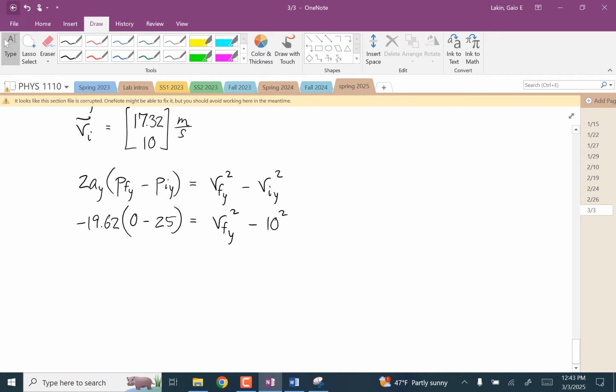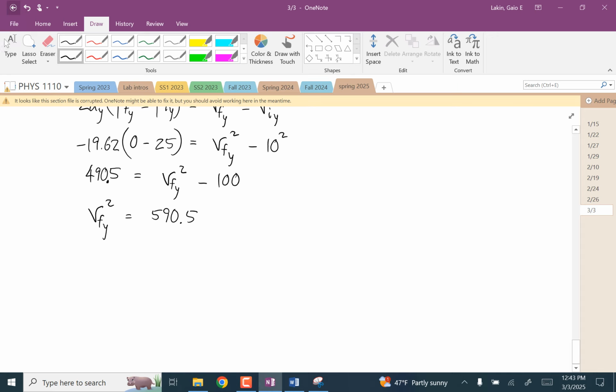And so, let's see, that is going to be 49.05 times 25, 490.5, I think, is equal to VFY squared minus 100. And so VFY squared is equal to 590.5. Take the square root of both sides.